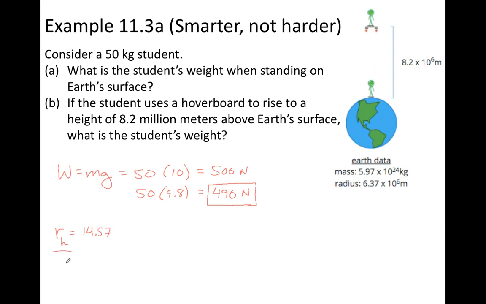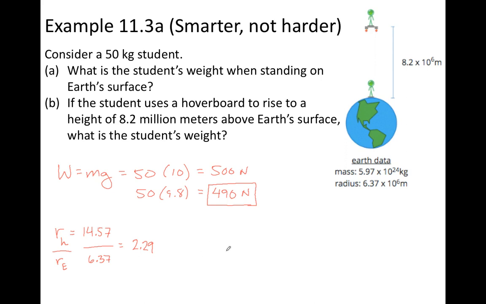And if I take that and I divide by the radius of the Earth, which was 6.37 million meters, the million meters on top and the million meters on the bottom cancel out, and that gives us a ratio of 2.29. So when we're on our hoverboard, we're 2.29 times further from the center of Earth than we are at the surface.